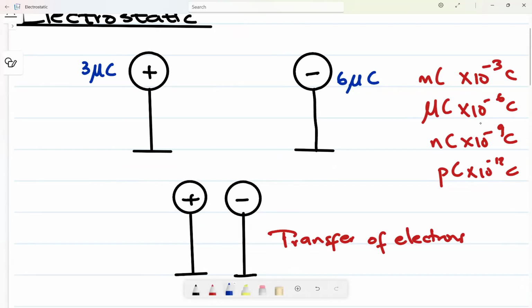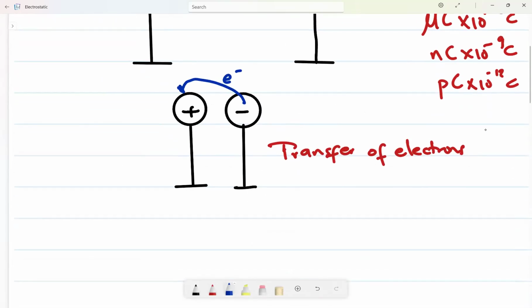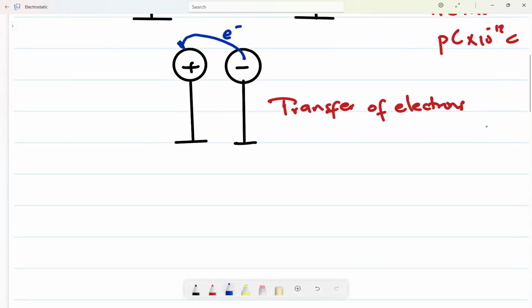Our electrons will move from the most negative to the most positive one. So there will be a transfer of electrons from the negative to the positive one. After the transfer of electrons, what will happen? They will separate again, because after the transfer of electrons, their charge will be the same.